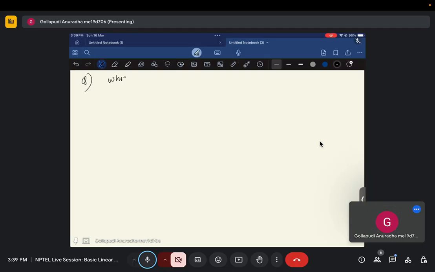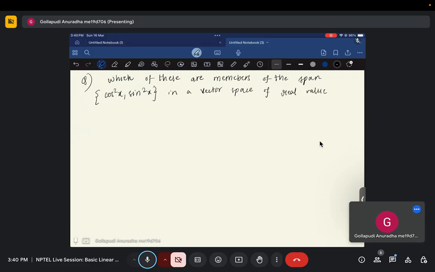Okay, so which of these are members of the span in a vector space of real valued functions of one real variable?